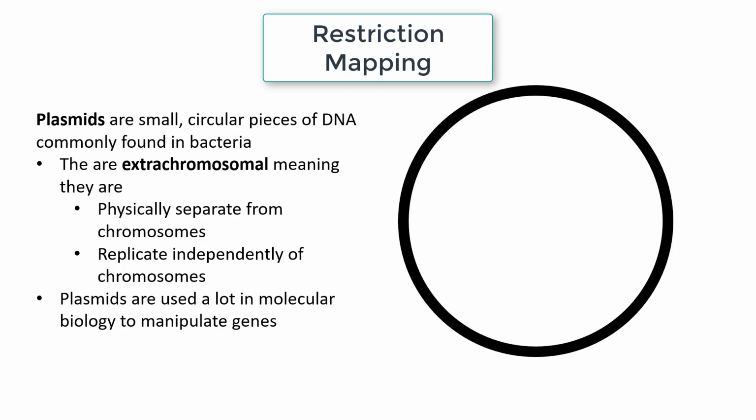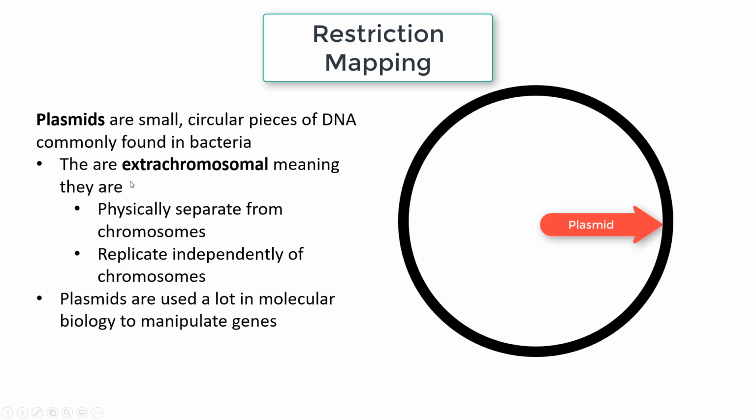So for this exercise, we're going to use a piece of DNA that's commonly used in molecular biology called a plasmid. Plasmids are small, circular pieces of DNA which are commonly found in bacteria.